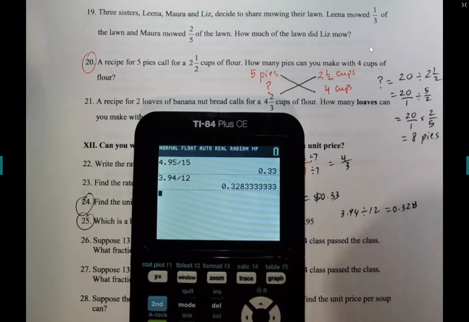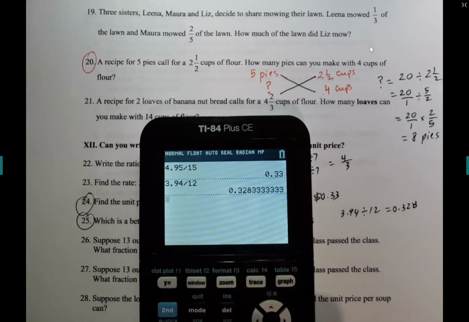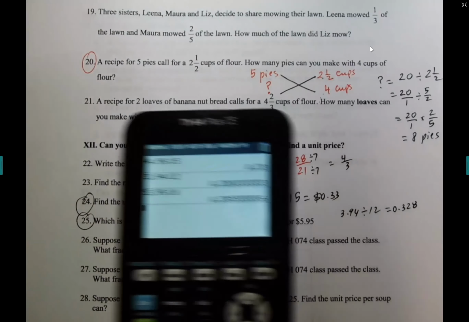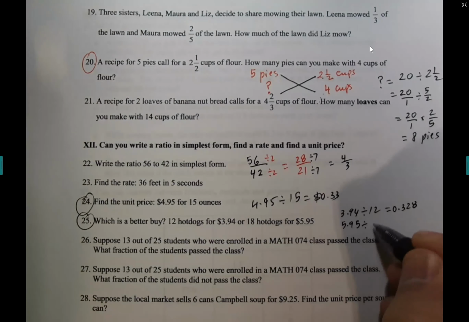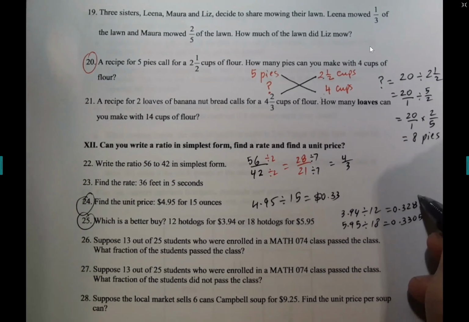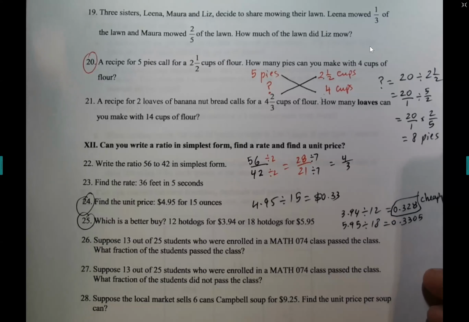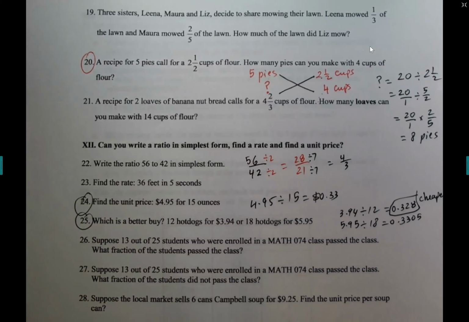And let's see the other one, $5.95 divided by 18. $0.33. They're almost the same. But this is cheaper, a little bit less. It's not much cheaper, but it is. Okay, here's the best one.